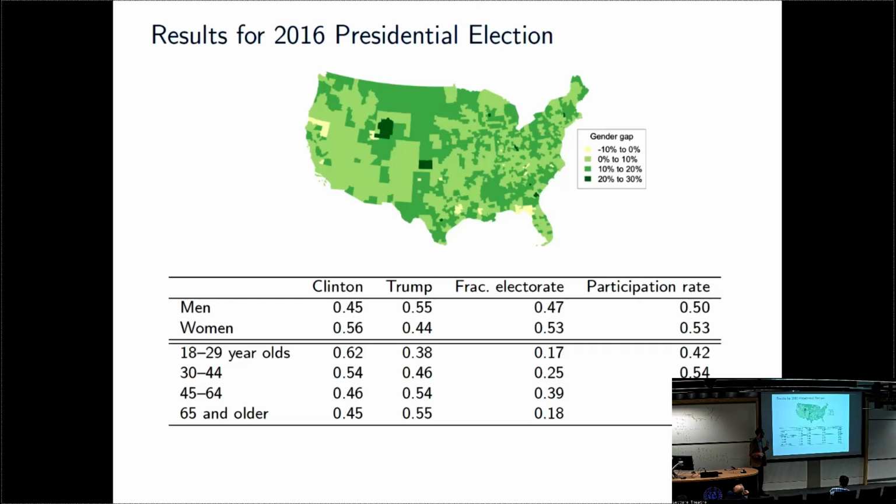Voter files aren't available immediately and can be costly to obtain. And then the participation rate is just the fraction of the electorate. And then this is saying, okay, there were three categories: Clinton, Trump, other. So you really should divide these two in half and say, men voted 22.5% for Clinton, whatever it would be, 27.5% for Trump, and 25% did not vote or voted for a third party.